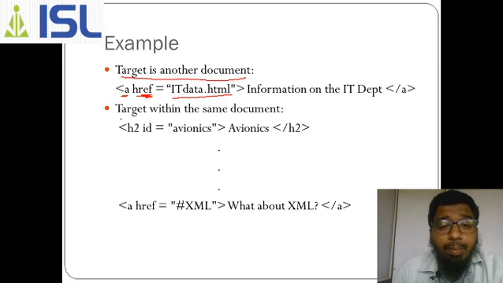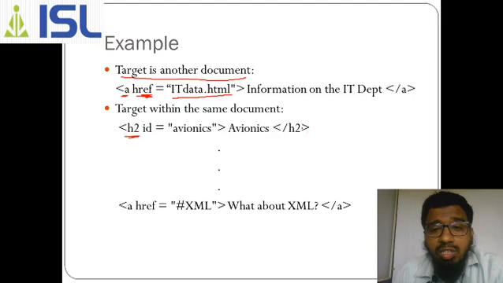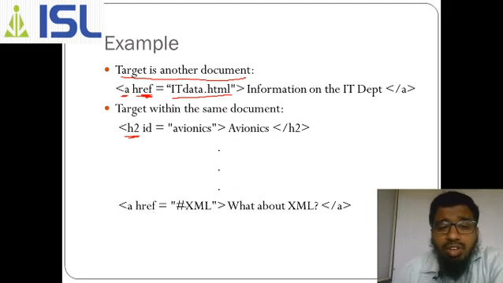Okay, so next is target within the same document. H2 is the heading, id is equal to XML. So href is hash XML. What about XML?